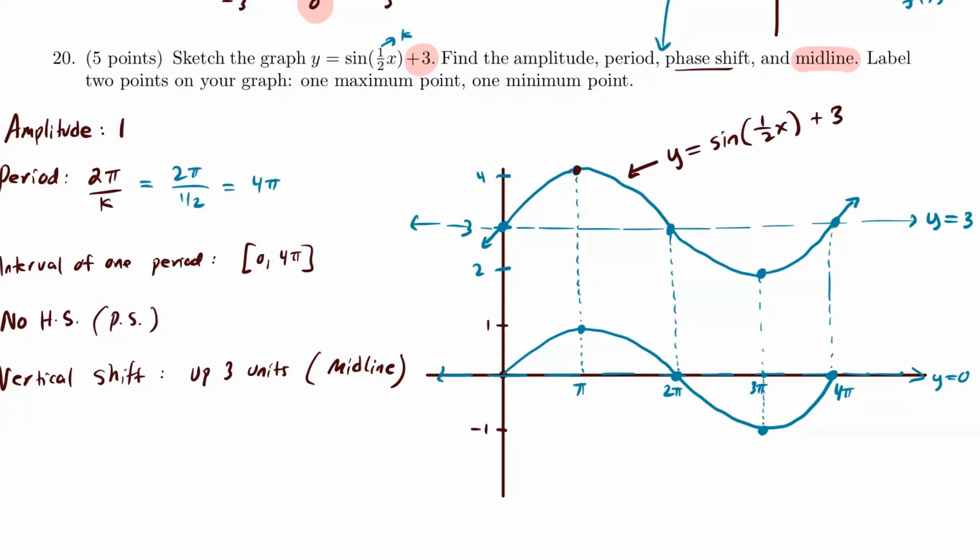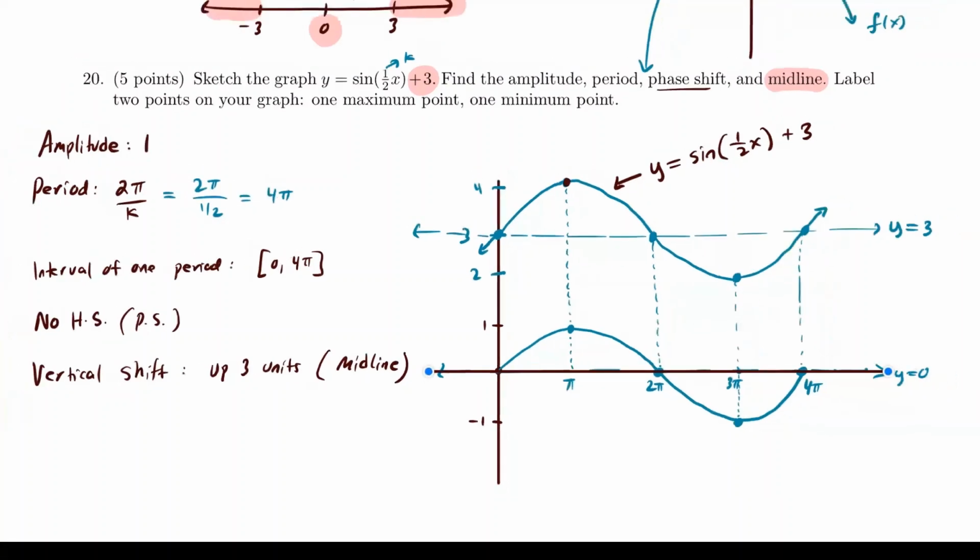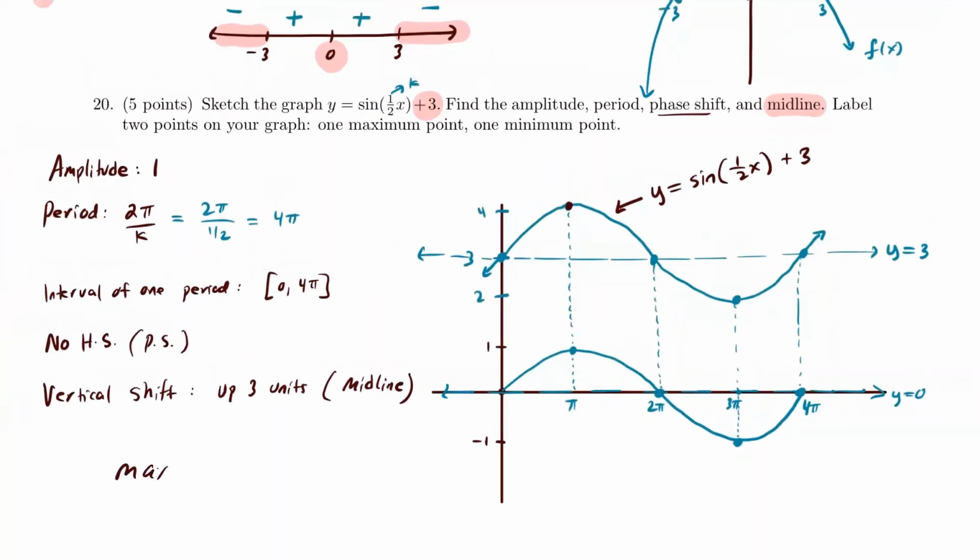So we can say that the maximum point occurs at pi, comma 4. That's the maximum. That's this one right here. And the minimum point of this graph is going to be this one right here. So that would be at 3 pi, and the y value is going to be 2.